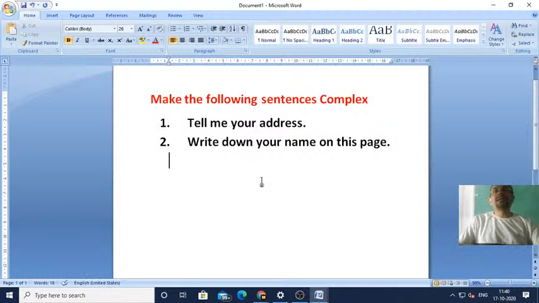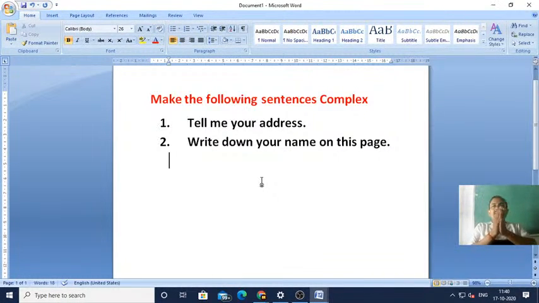So always remember, dear students, when you are converting this sentence into complex, you need to have one finite verb, and you need to have two clauses. One is the main clause, another is the subordinate clause.